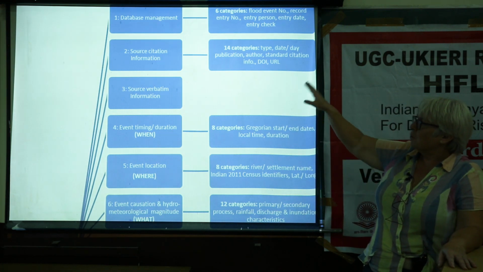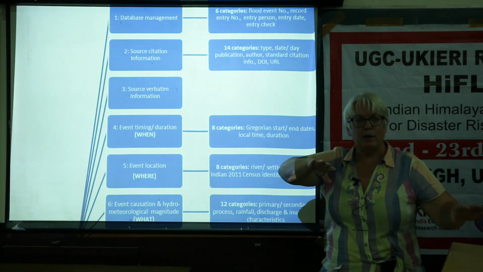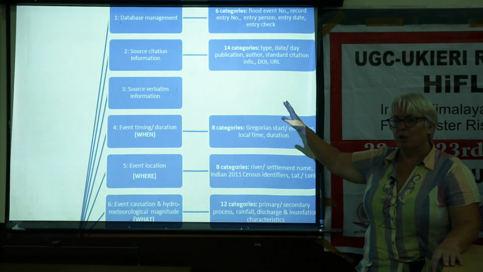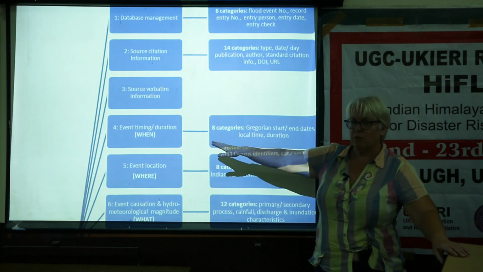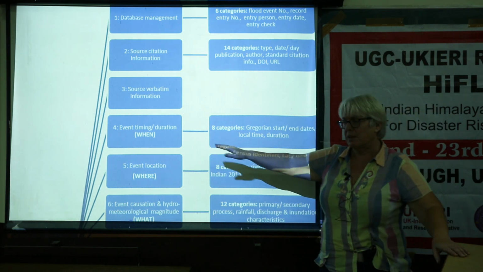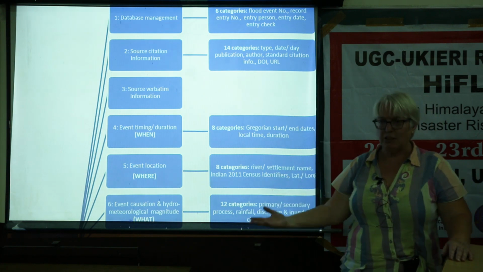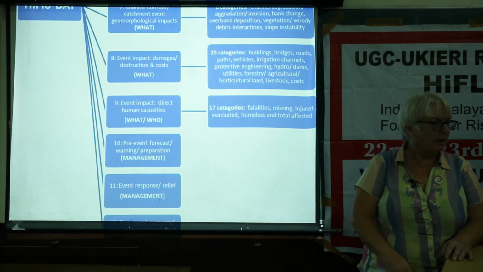And then source citation information, so if somebody wants to go back and check out that stuff, they can readily find out where the records were actually held. We've got things really importantly like when did this flood happen, where did it happen, and what actually caused it, what actually happened.